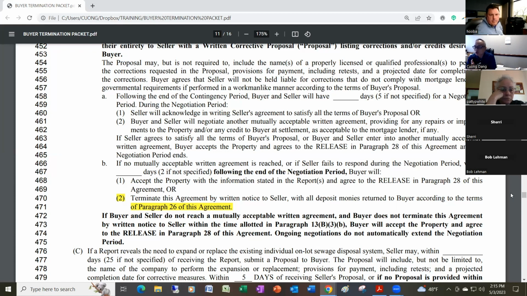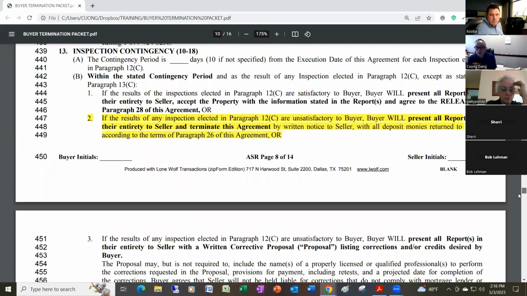So if you opt to negotiate, then we have a 5-day negotiation period after those 10 days are up, okay? And then whatever the seller responds with, then the buyer then has 2 days to accept or terminate. Okay. So that's what you cite under these paragraphs. Okay.